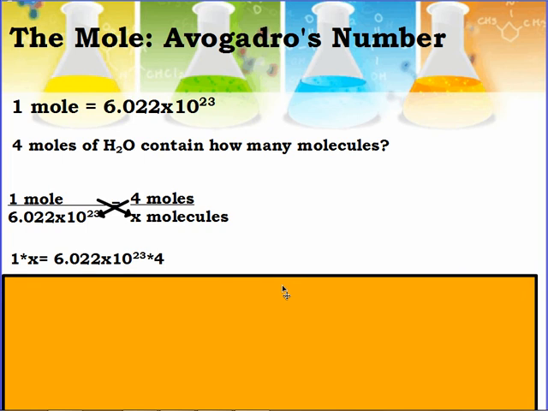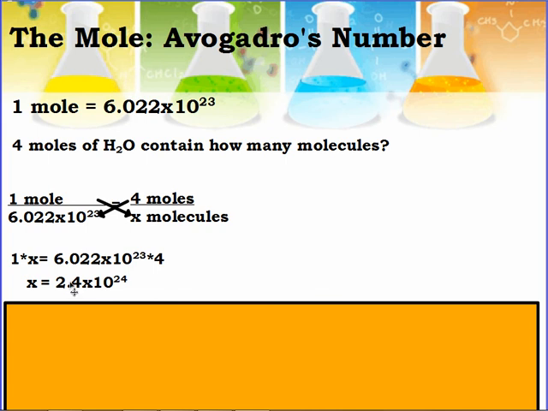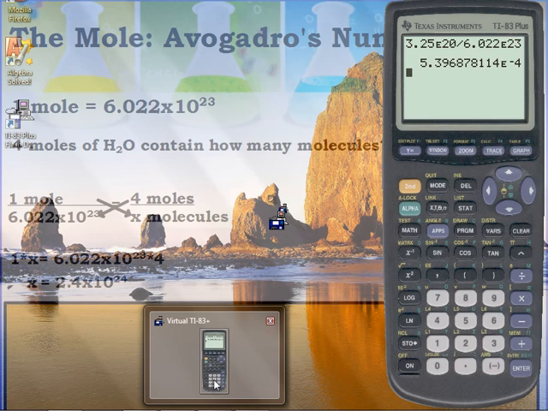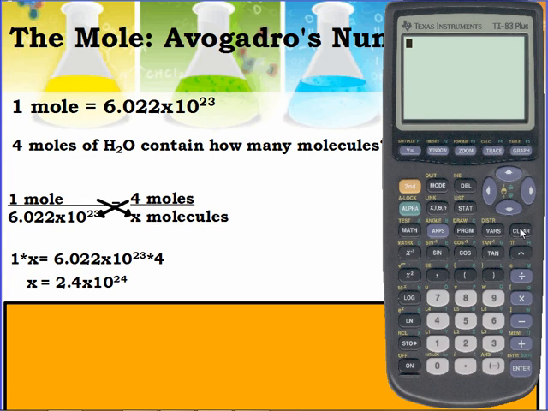I'm going to cross multiply, and I come up with X is equal to 2.4 times 10 to the 24. I simplified the 1 times X to get X, and I multiplied Avogadro's number times 4. Let's try that on our graphing calculator. Let me clear it.